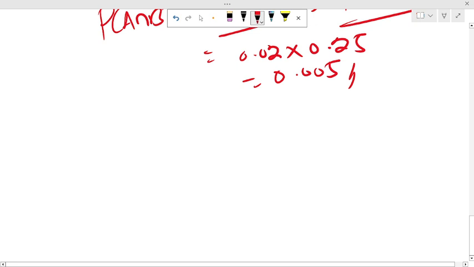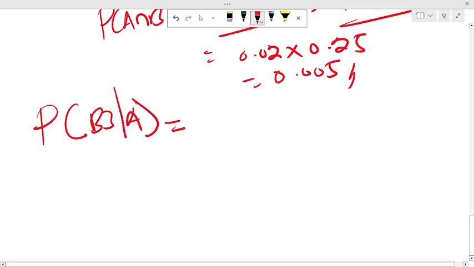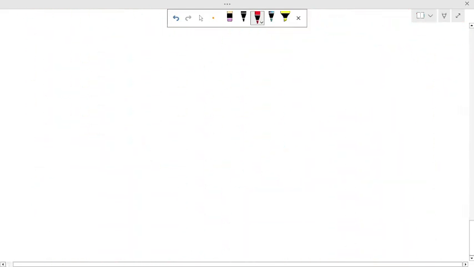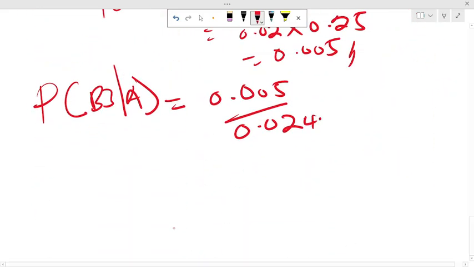So the probability of it being produced from B3, given that it is defective, will be equal to 0.005 divided by 0.0245, right?